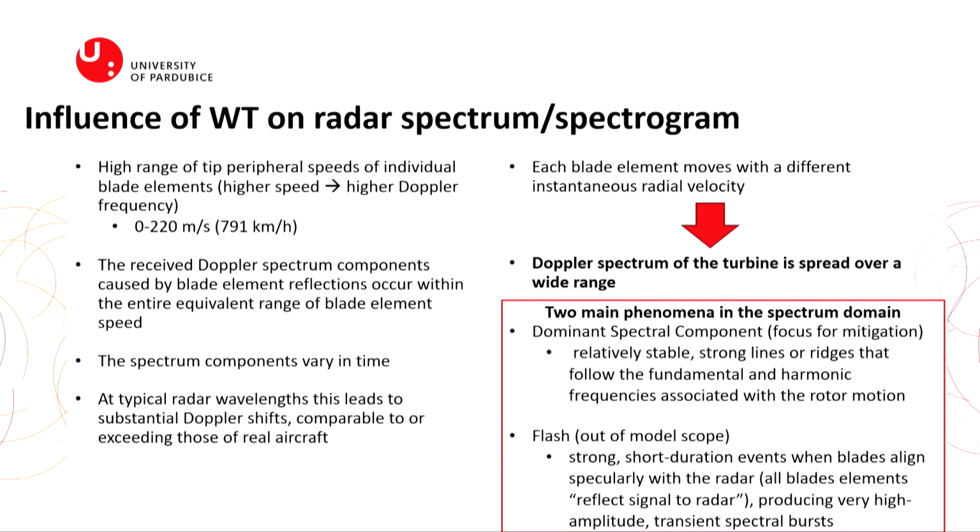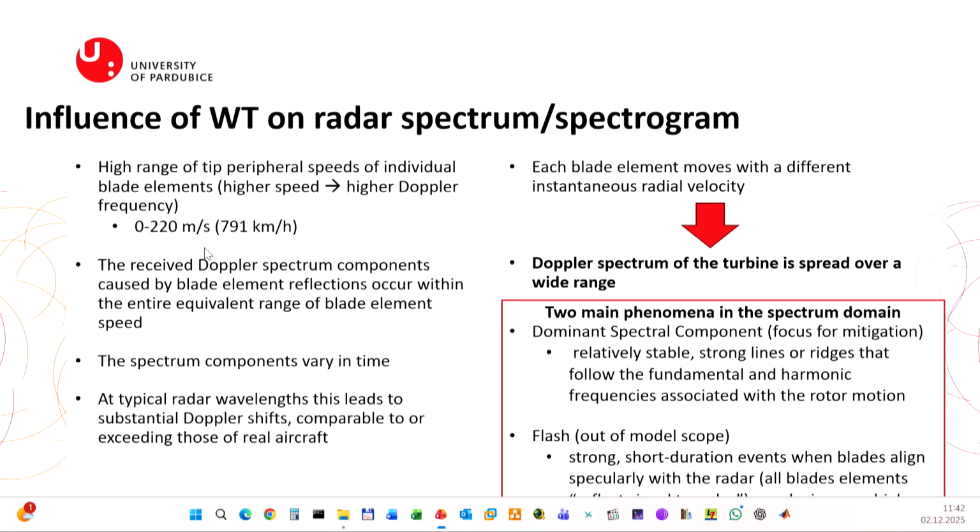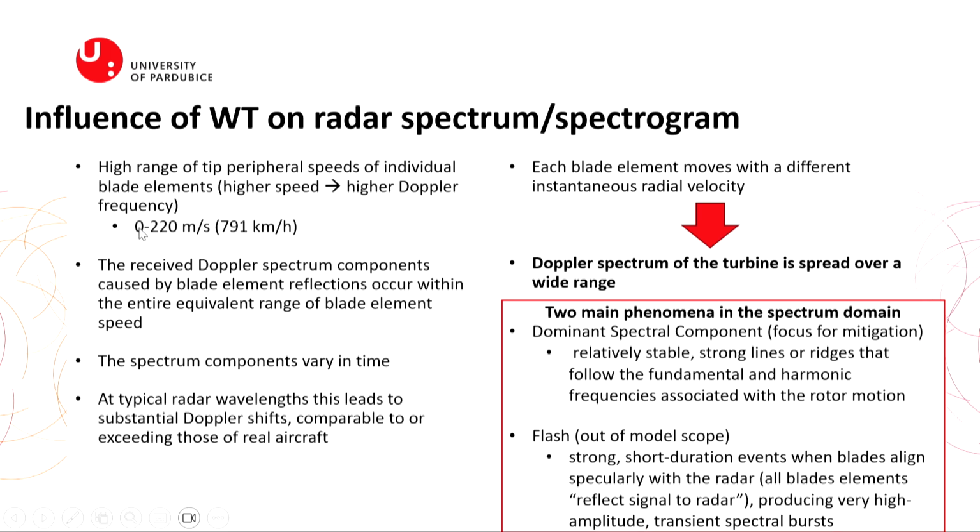So now we go to the influence of wind turbines on the radar spectrum, the spectrogram. Due to the high range of tip peripheral speeds of individual blade elements, there could be speed from 0, of course, when it's shut down, to 220, 240 meters per second. It is about 800, 900 kilometers per hour.